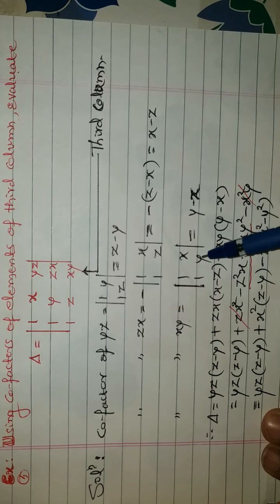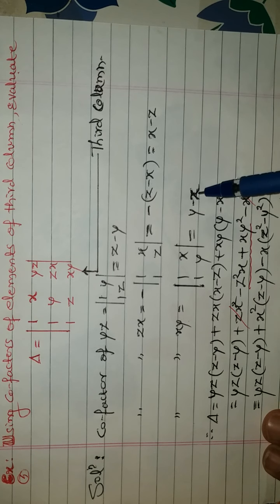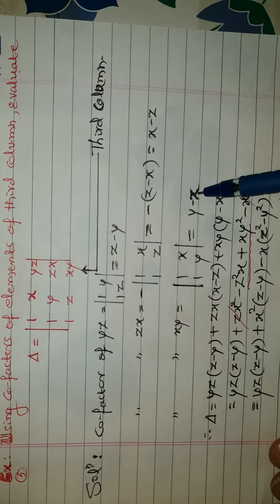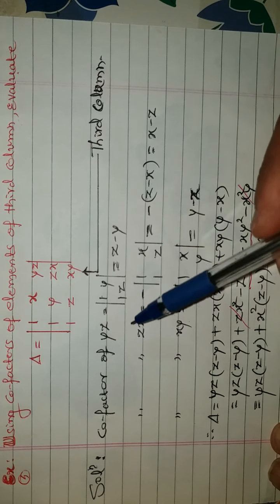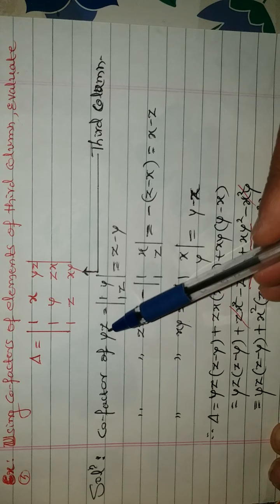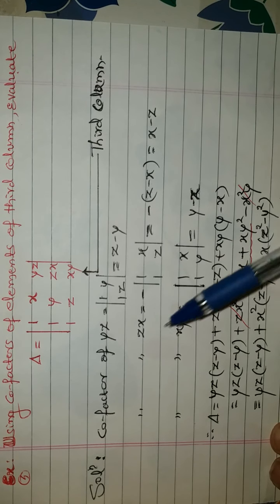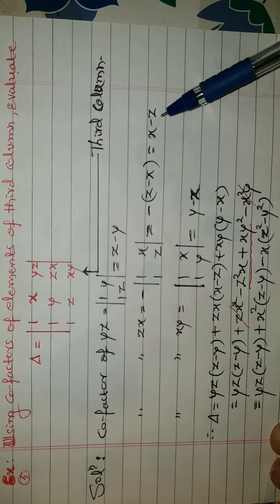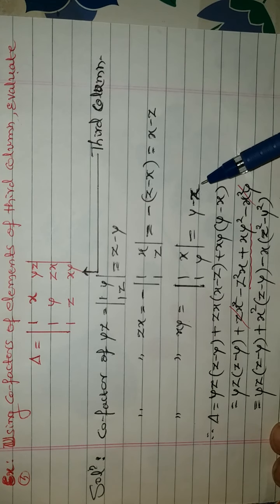Cross multiply, y minus x. Hence this is the cofactor of the third element of the third column. The first element's cofactor is z minus y. The cofactor of the second element is x minus z. The third element's is y minus x.